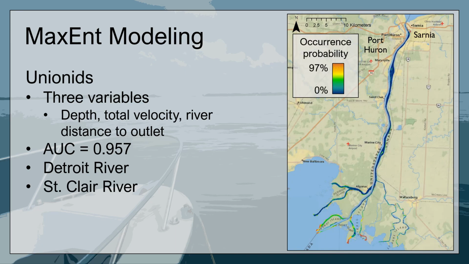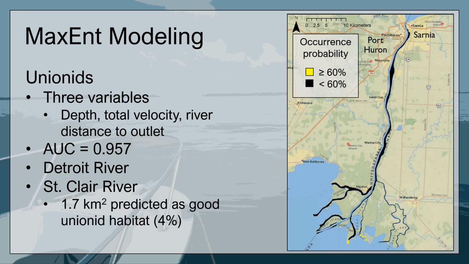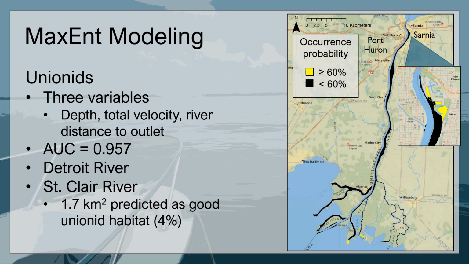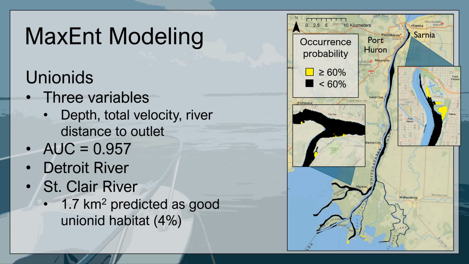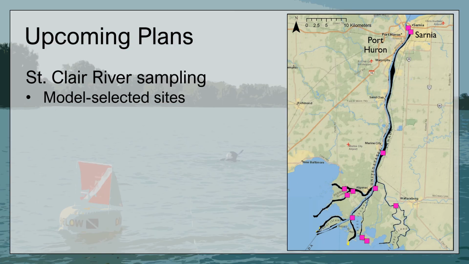We then projected the model onto the St. Clair River, and using that minimum probability threshold of 60%, the model considers 1.7 kilometers squared, or approximately 4% of the St. Clair River, to be good habitat for unionids. The model highlighted multiple areas, like up near Sarnia and in the main channels of the St. Clair Delta. We are currently using these predictions to assist with selecting sites, as represented here by the pink boxes.